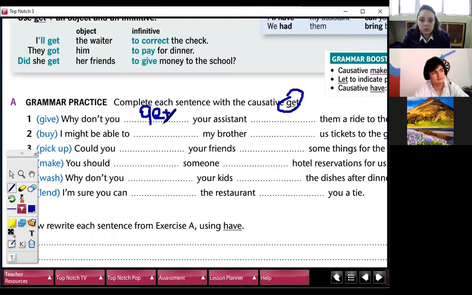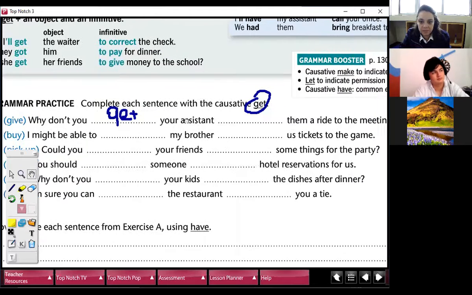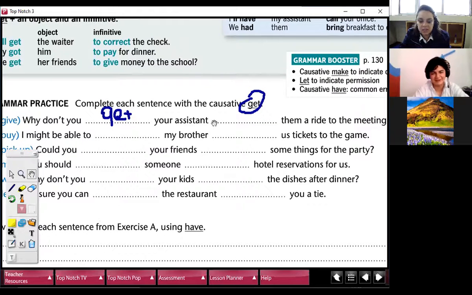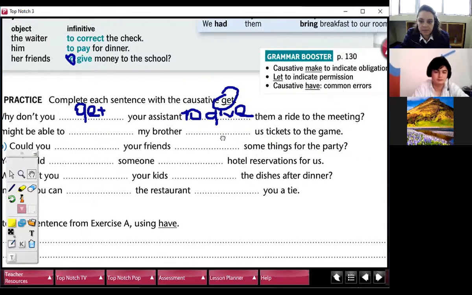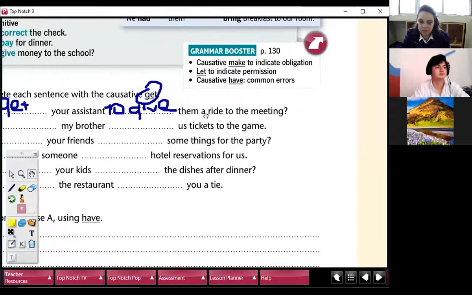Why don't you get your assistant, as you see in this example, you use to, and then the action, give, to give them a ride to the meeting.